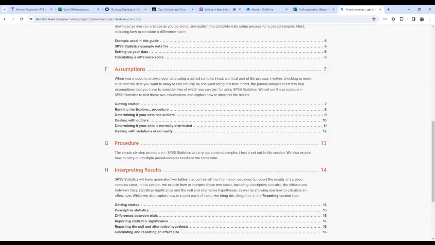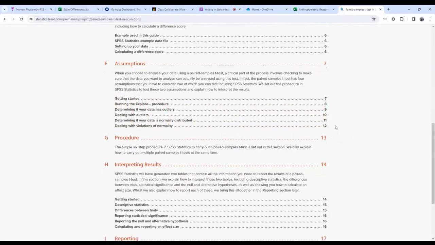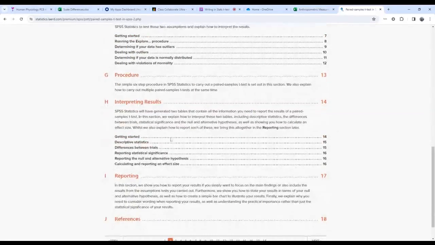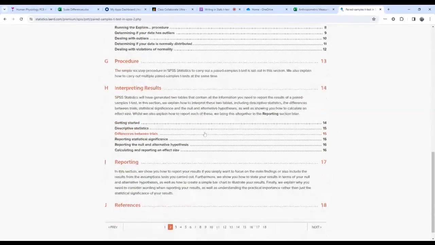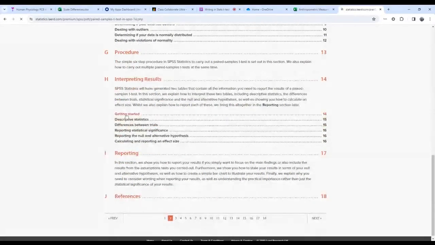So like normal data, your data needs to fall on the bell curve at the appropriate places. There shouldn't be outliers. So things like that, which we do anyway, but when you get into the assumptions, it just really gets complicated. So interpreting your results, let's just go here, getting started.